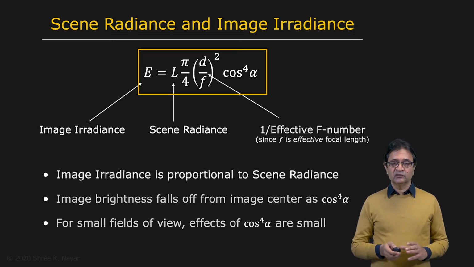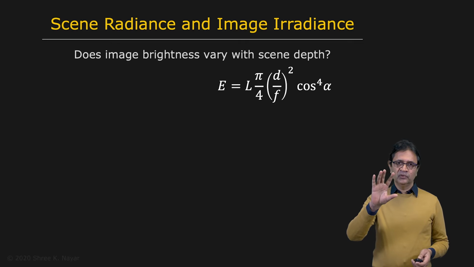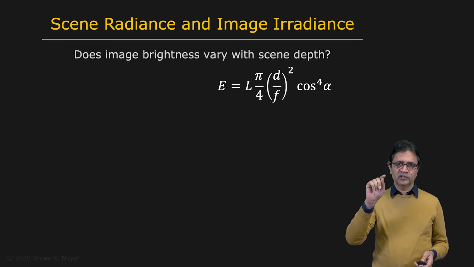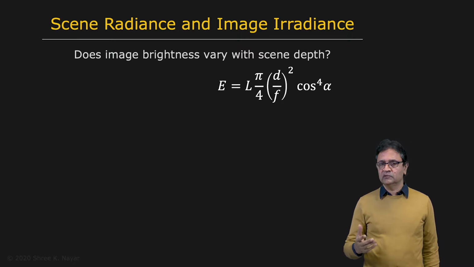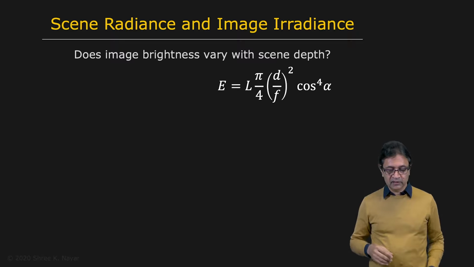So that brings us to an interesting question, which is, does image brightness vary with scene depth? In other words, as you pull a camera away from a scene, does the brightness of a scene point change? Intuitively, we might think that it should, because after all, you're moving away and therefore perhaps collecting less light.